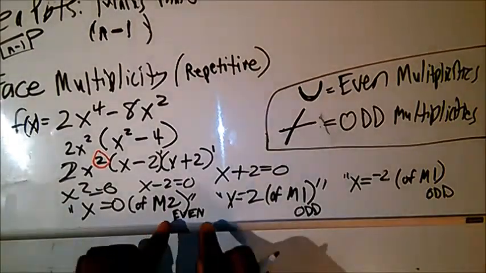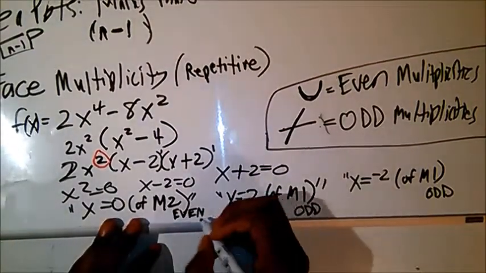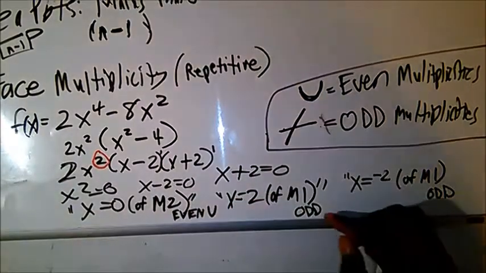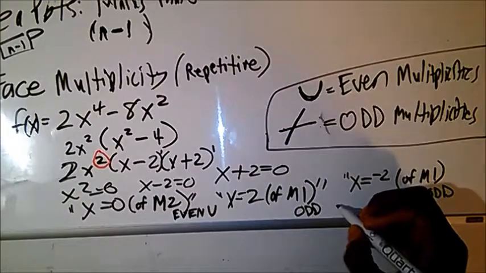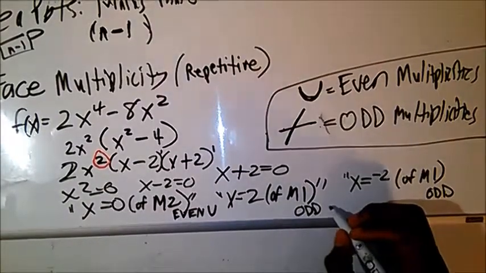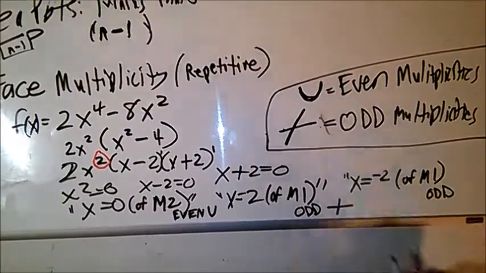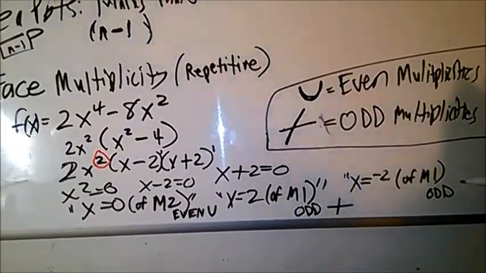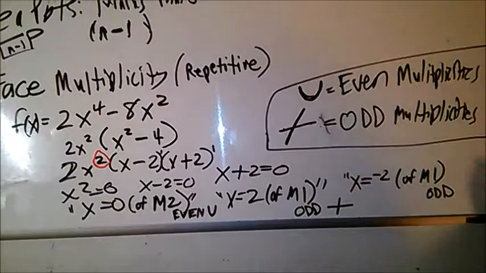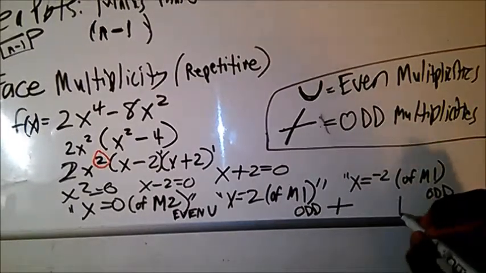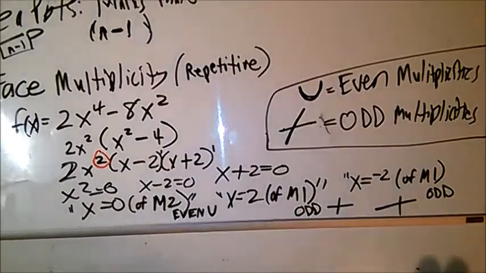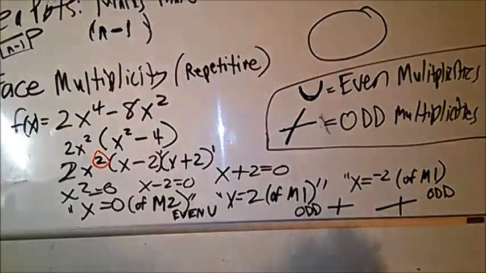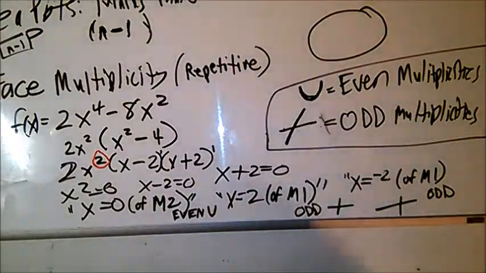So in this case, it's even. If it's even, evens are happy, they're smiley faces. Odds, look at this one. How would you label this one? Odds are strange. Here, x equals negative 2 of multiplicity 1. This multiplicity, is it even or odd? It's odd, and odds are strange, so it crosses over. So I take my x-intercepts here, and I ask myself, how many evens and how many odds do I have?